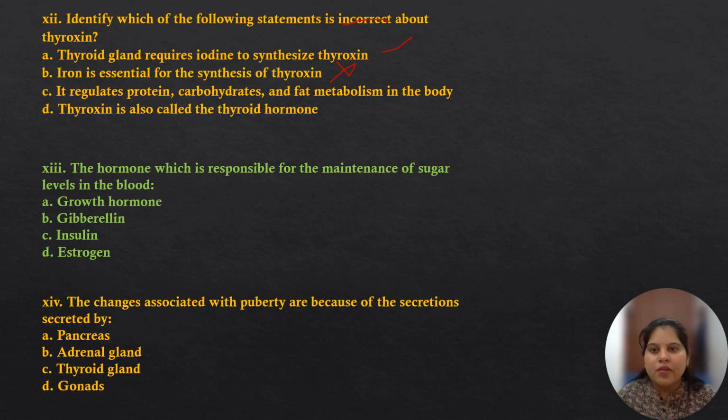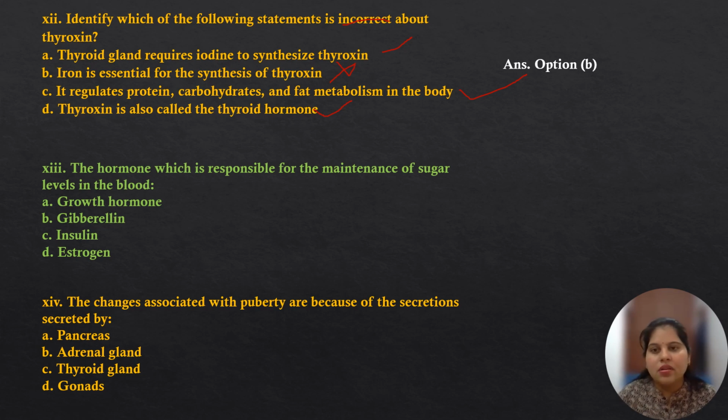C, it regulates protein, carbohydrate and fat metabolism in the body. This is a true statement about thyroxine. Option D is thyroxine is also called the thyroid hormone. Yes, because this is secreted from the thyroid gland. That's why this hormone is also known as thyroid hormone. So the incorrect statement is option B.